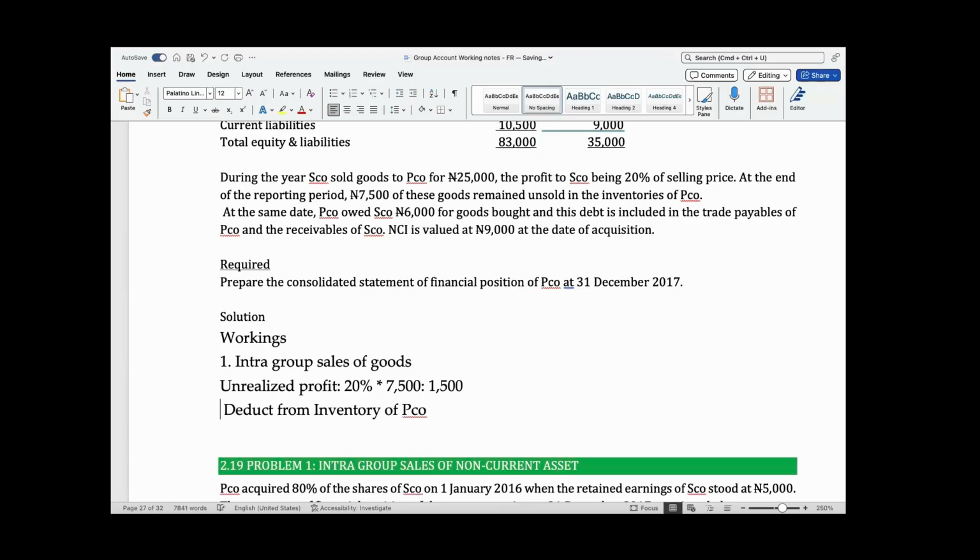Then you also deduct from retained earnings of ESCO. That's how you always treat it, depending on who is selling.